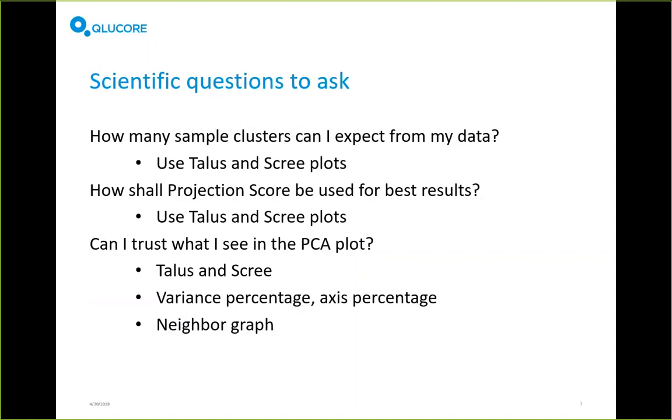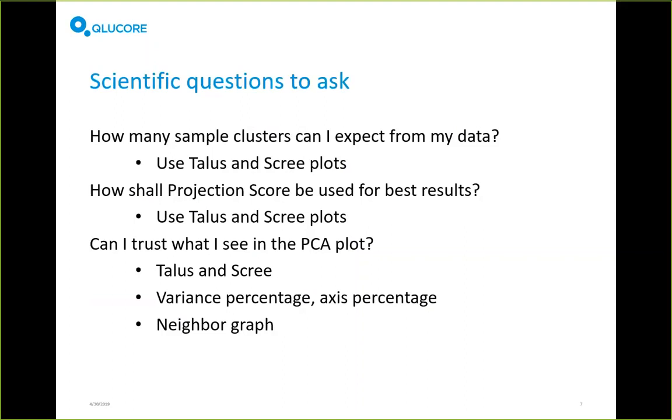Also, another good question to ask oneself is how projection score shall be used for best results, because projection score is a tool that can help you find the so to speak optimal point where to stop doing variance filtering. Because when you're doing variance filtering, what you're doing is you're throwing away noise to try to find a signal.